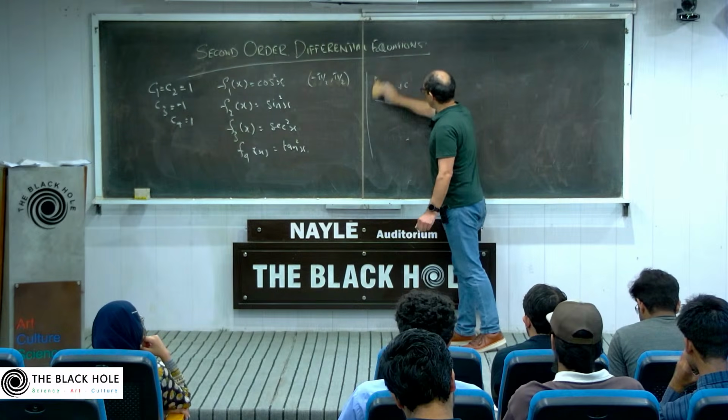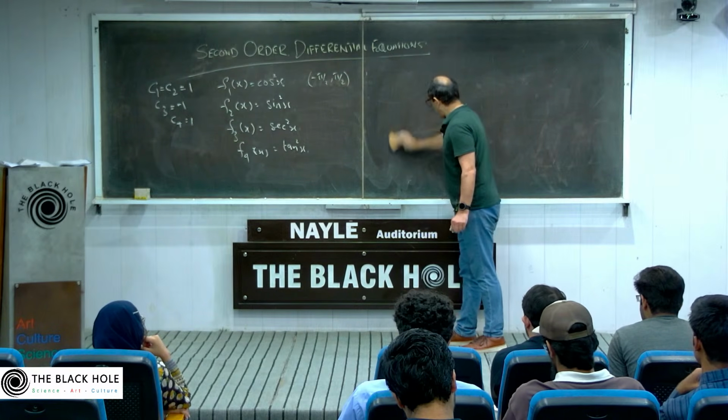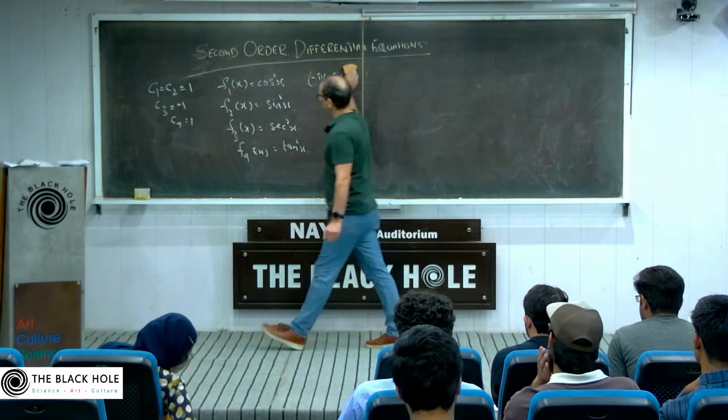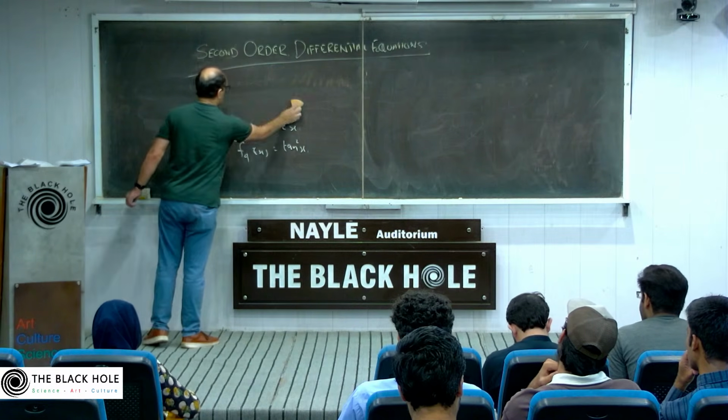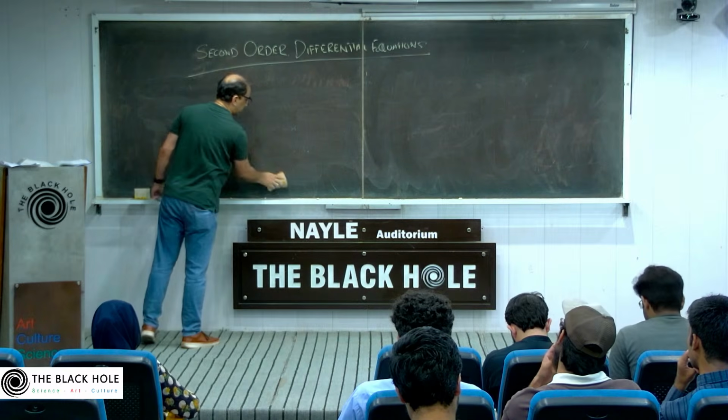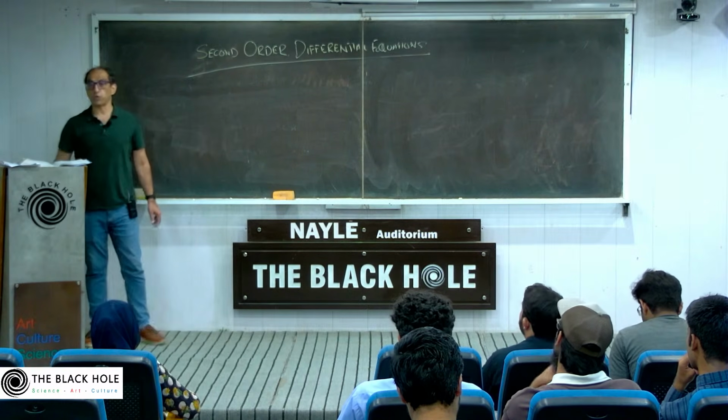Another criterion, which is also a very useful criterion to check the linear dependence and independence of the solution, is the Wronskian.